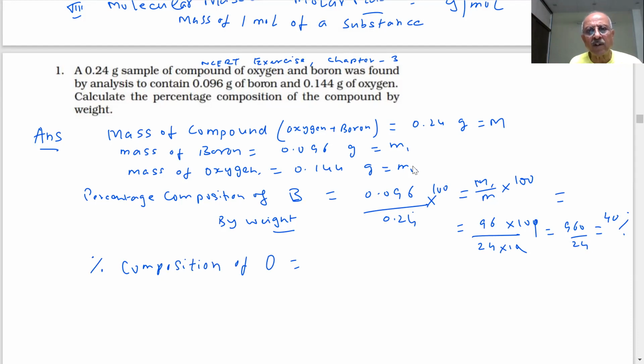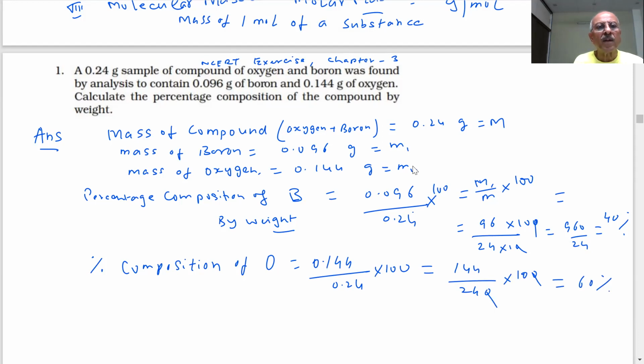You can still calculate using, you are given 0.144 divided by total mass 0.24 into 100. What is the value coming? 60, sir. 144 by 240 into 100, 60%.